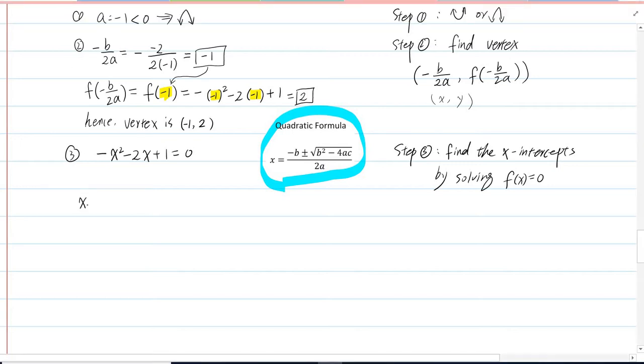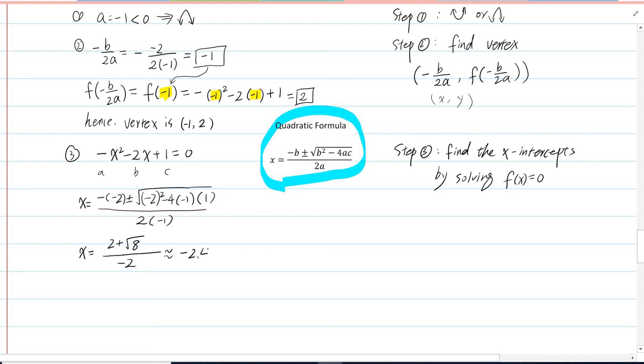Let's work on this. My x is equal to -b, so that is my b; this is the a, and this is c. So b is -2, so that would be -2 plus or minus the square root of -2, that's my b, squared minus 4 times a, which is negative 1, times c, which is 1, and then over 2 times a, negative 1. x equals 2 plus the square root of 8 over negative 2, which is around negative 2.4.